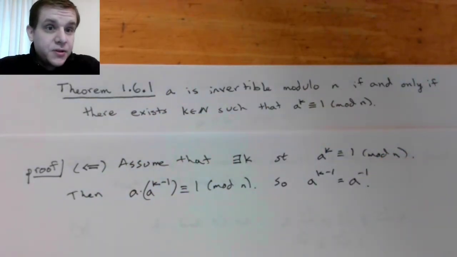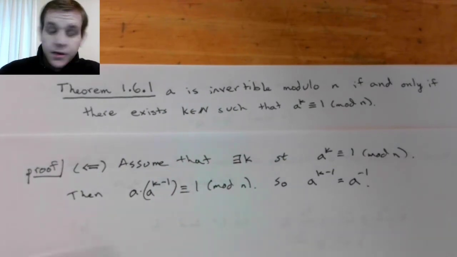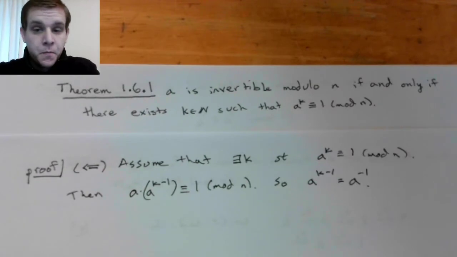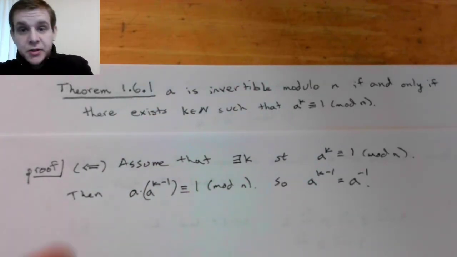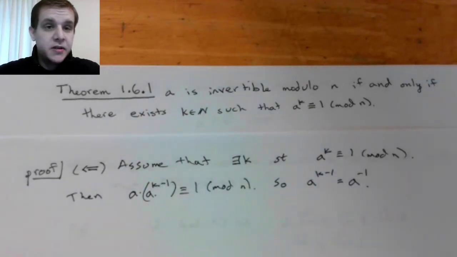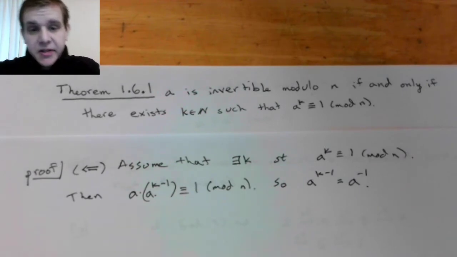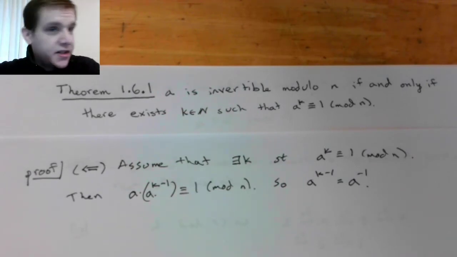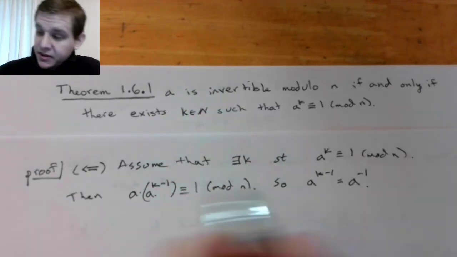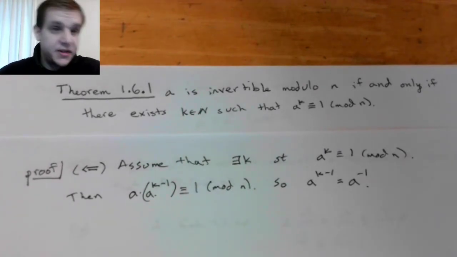Right? The inverse was just defined to be some number such that when I multiply it by a, I get something congruent to 1 mod n. So it's just exactly given to us by this equation. Once I have this equation, I know that the inverse is this k minus first power. Which is very interesting, right? Because it's a bit surprising that if you have an inverse, it's always given by some power of a. It's not obvious, but it is obvious from this proof, but it's something you wouldn't expect initially.